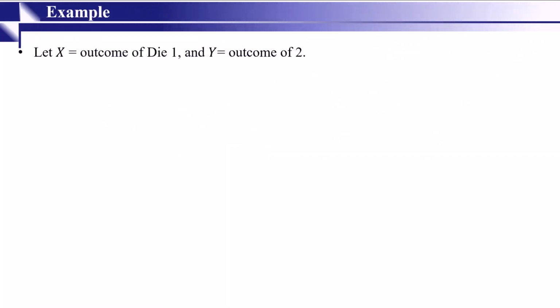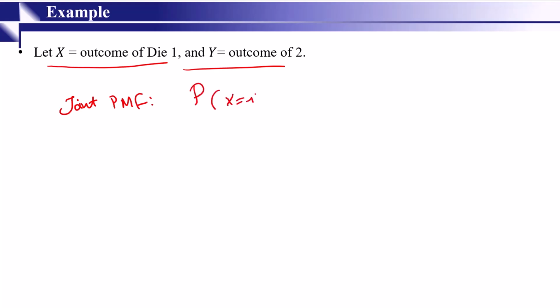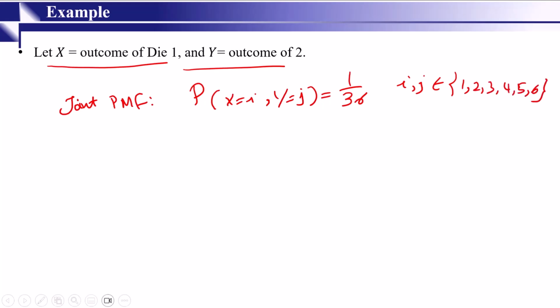Okay, here is an example. Suppose X is the outcome of one die when we roll two dice together, and Y is the outcome of the other one. So in this case, the joint PMF is uniform here. So P(X equal to i and Y equal to j) is 1/6 times 1/6, so 1/36. And we know that i and j are in 1, 2, 3, 4, 5, and 6, right?